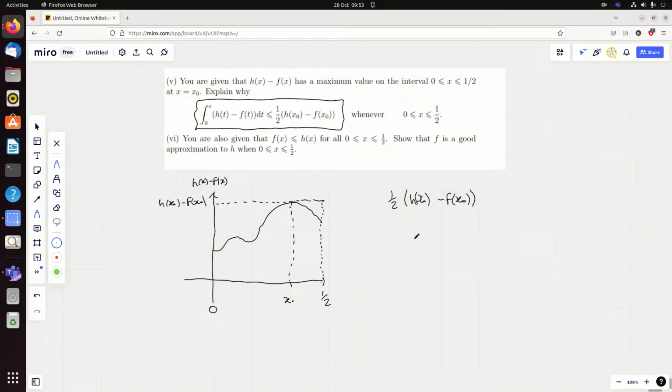The area underneath the curve, h of t minus f of t dt from 0 up to x, bearing in mind x is always going to be less than a half, in other words the area under this curve, is less than or equal to the area of the rectangle, isn't it? The shaded area underneath the curve is going to be less than or equal to the area of the rectangle. So I just draw a little diagram like this and say, hence, the area under the curve is less than the area of the rectangle.